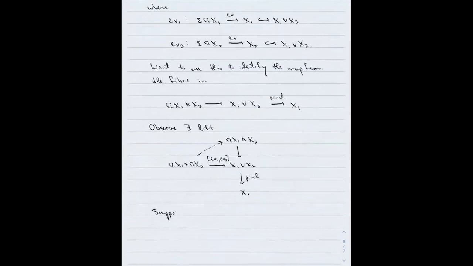And now let's suppose that x2 is a suspension. Then we'll get the following. We'll get our lift, let's call this lambda.